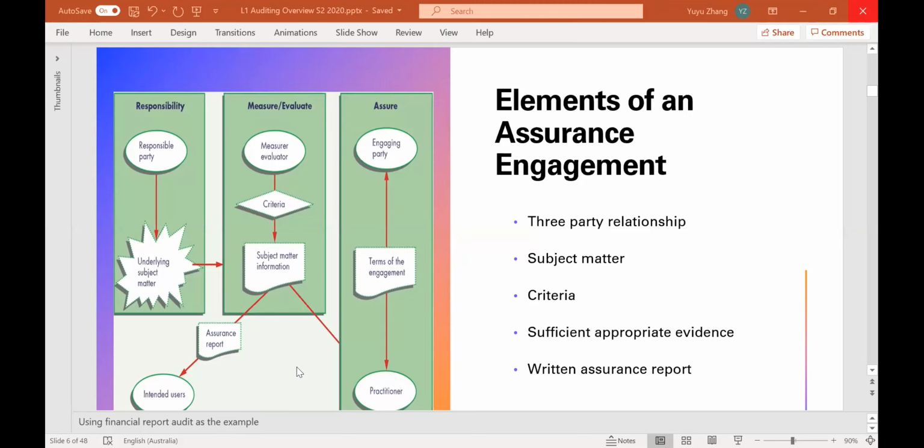For any conclusions you make, you must have the corresponding evidence to support that. And the level of the evidence should be sufficient. Sufficient means enough, so enough for that level of assurance. Appropriate: in terms of quality, the evidence should be proper evidence.